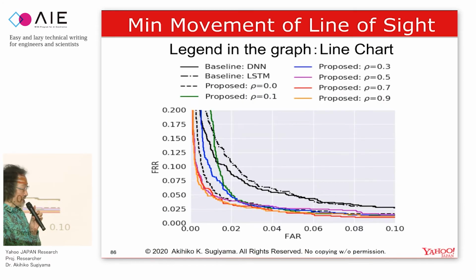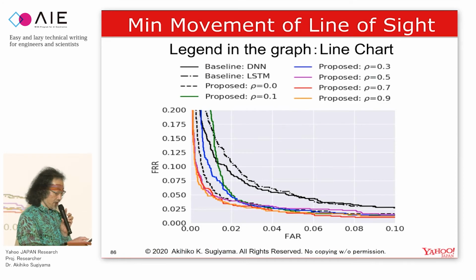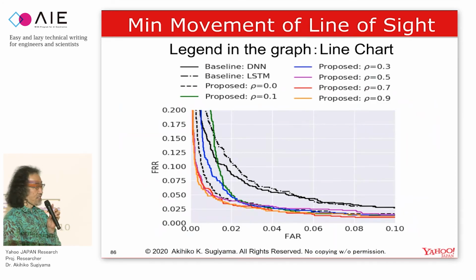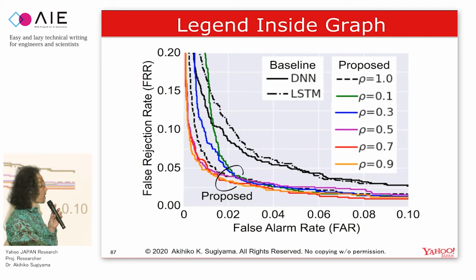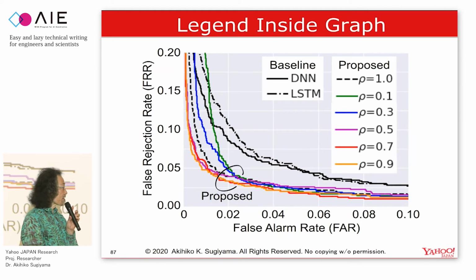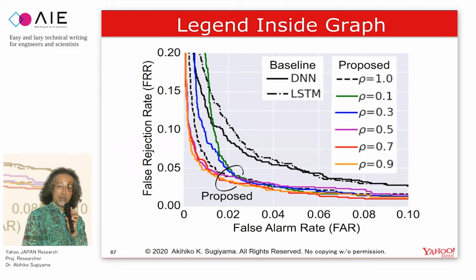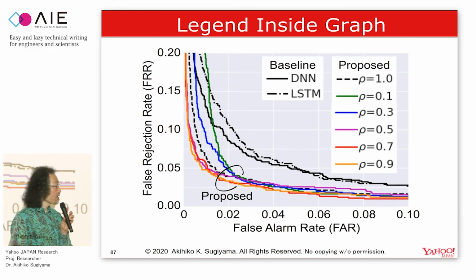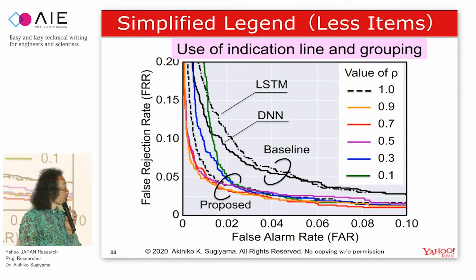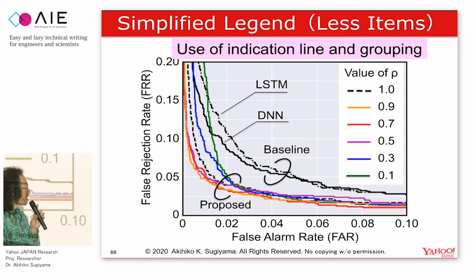So more complex examples. And this is a legend of this graph originally prepared. So first, I put the legend in the graph. Notice the size of the graph. It's much bigger than the previous one. You can make the graph bigger, which is good for visibility. But this is not yet good enough. You can do something further. So use this sign to show some groups and name them.